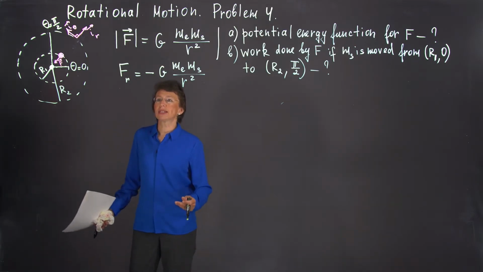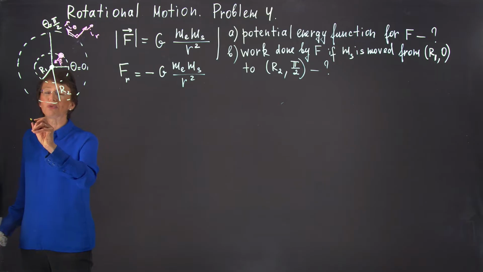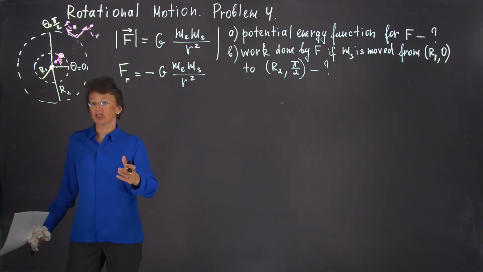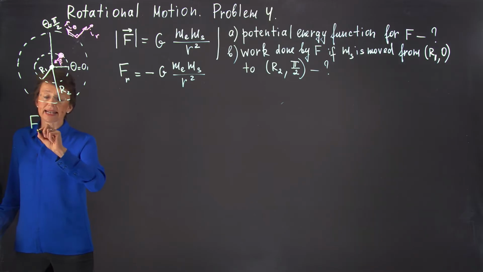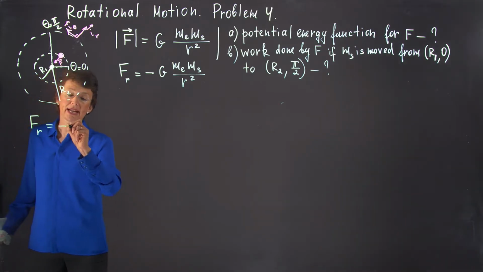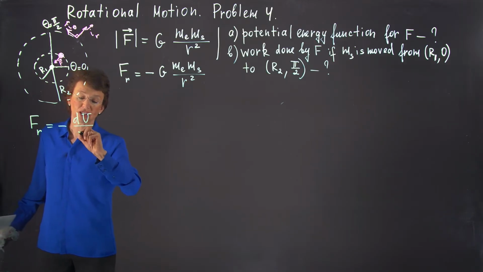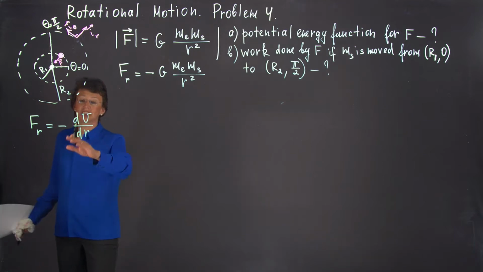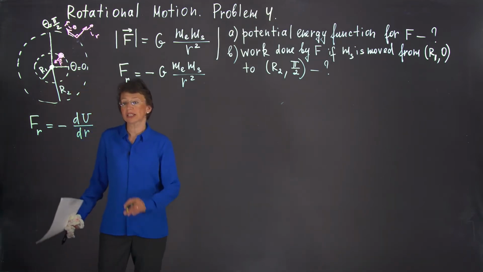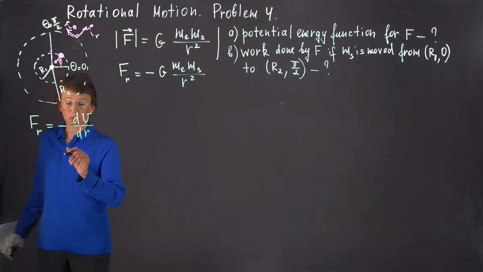Remember the formulas. If we work just with one dimension, we can use a simple formula to find the potential energy function. Why? Because F sub r is equal to minus dU, the potential energy function, dr. And if we take the indefinite integral of both sides of this equation, as we did in the module on the potential energy function, what will we have?